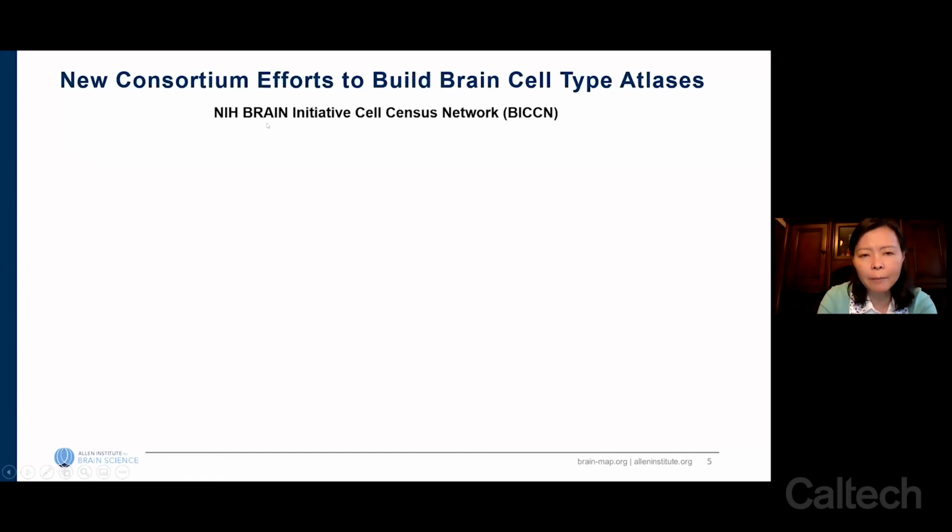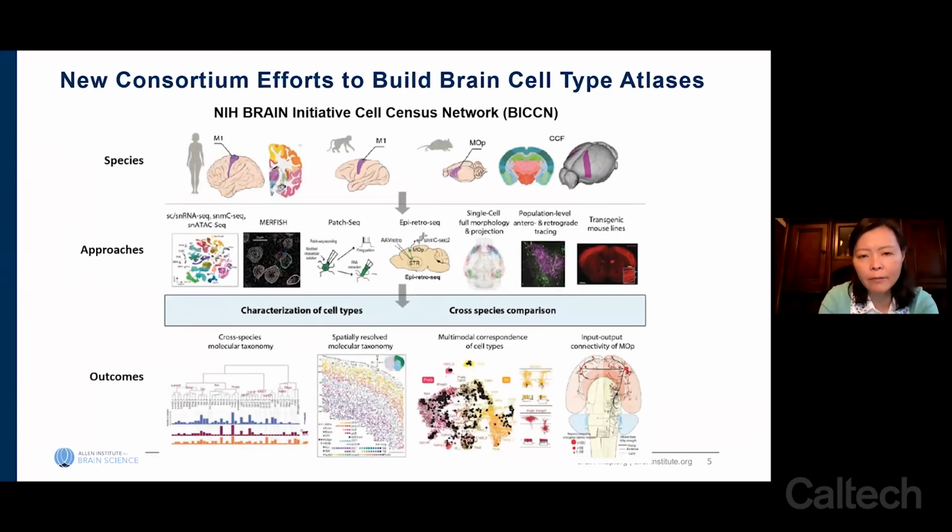We are now a major participant in the NIH BRAIN Initiative Cell Census Network, in which we work together with other investigators across the country and the world, using the same set of approaches that I just mentioned to profile cells from several different mammalian species, from mouse to non-human primate to the human brain, with the goal of deriving cell type atlases at a brain-wide scale across multiple species with spatial information, multi-modal integration, as well as the connection between cell types and wiring diagrams.